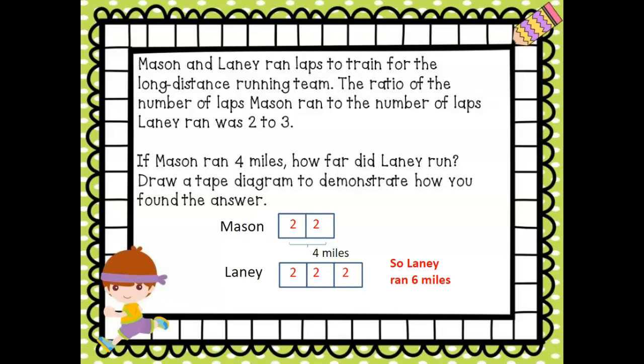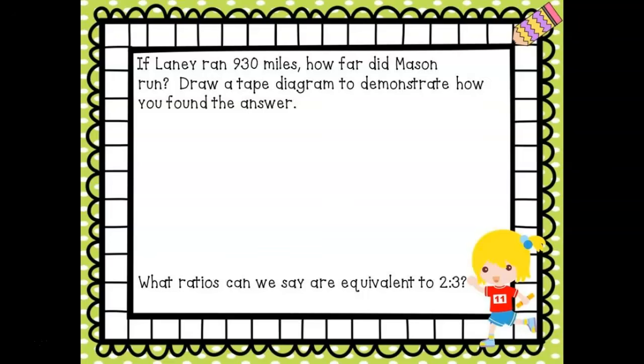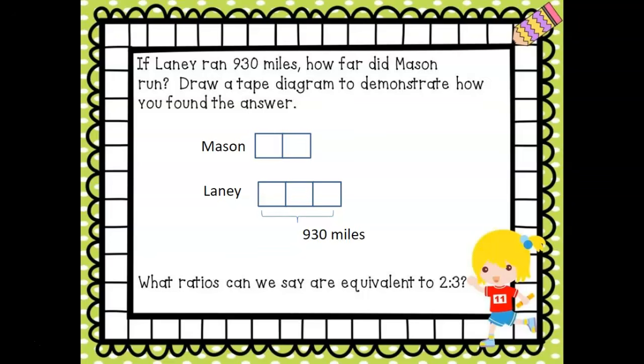All right, let's look at one a little harder. If Laney ran 930 miles, how far did Mason run? Draw a tape diagram to demonstrate how you found the answer. Okay, so this is a little trickier with a bigger number. Mason 2 boxes, Laney 3. We still say with the same ratio, 2 to 3. It says Laney ran 930 miles.